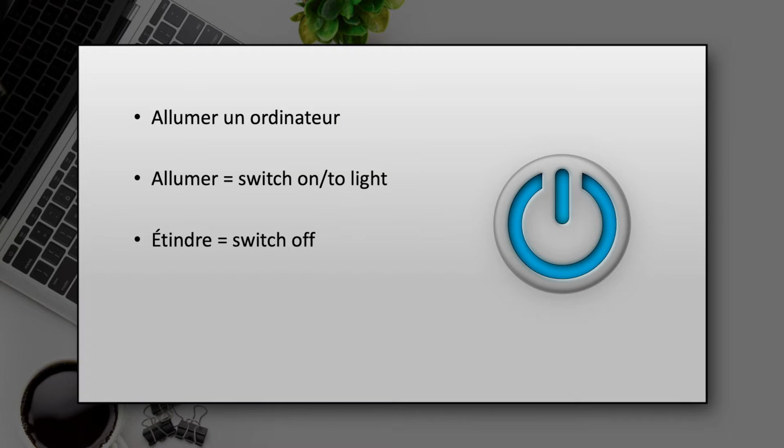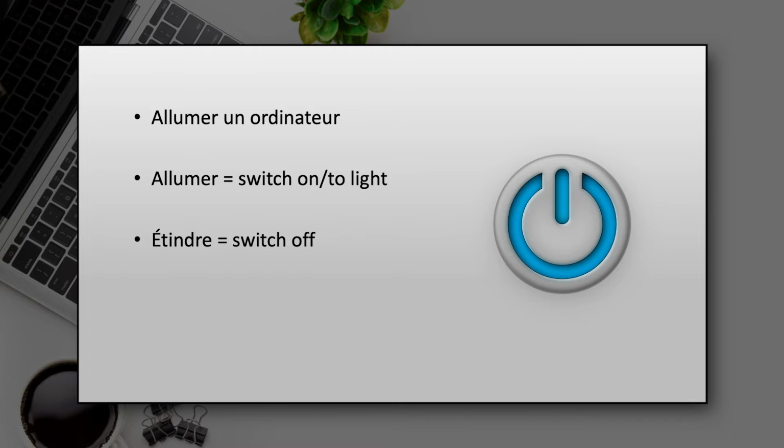So, the first word regarding the computers. Allumer un ordinateur. Allumer is to switch on. Allumer means also to light. Allumette is the word for the matchbox, from which comes to light. Allumer le feu means to light a fire.